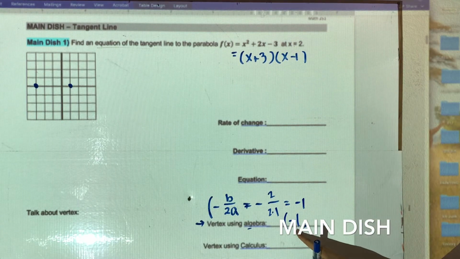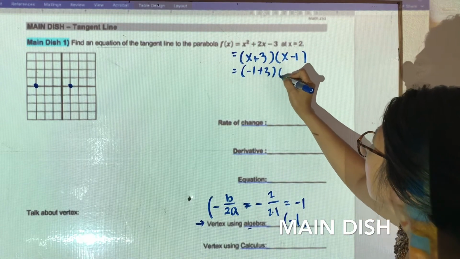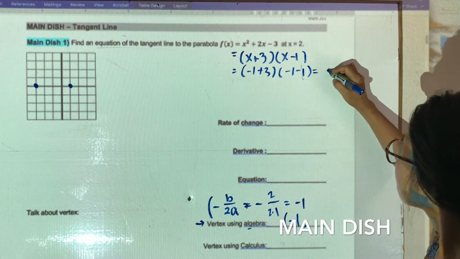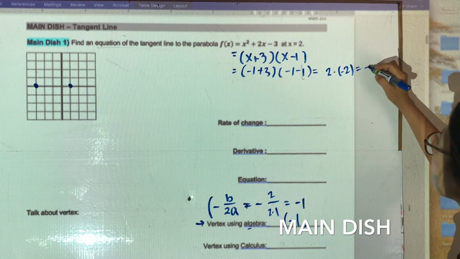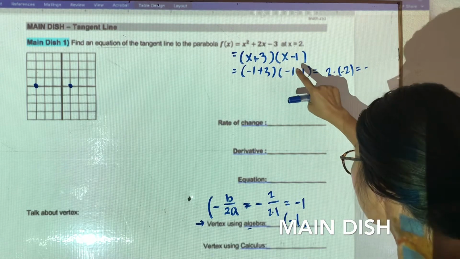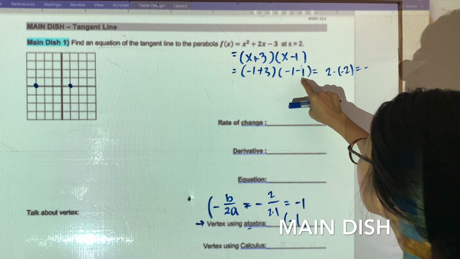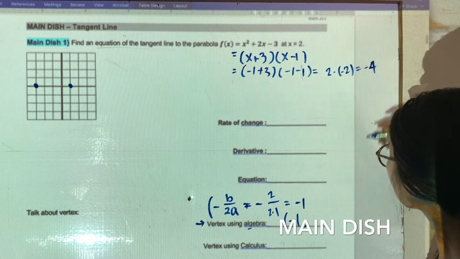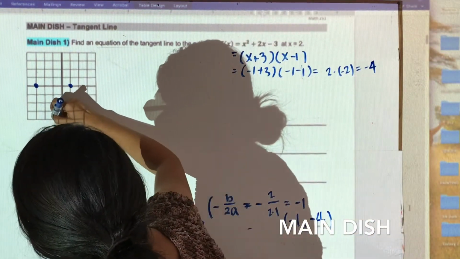So my x value is negative 1, and then plug in here: negative 1 plus 3, negative 1 minus 1. That gives me 2 times negative 2, which is negative 4. So I get my vertex, negative 1 and negative 4.